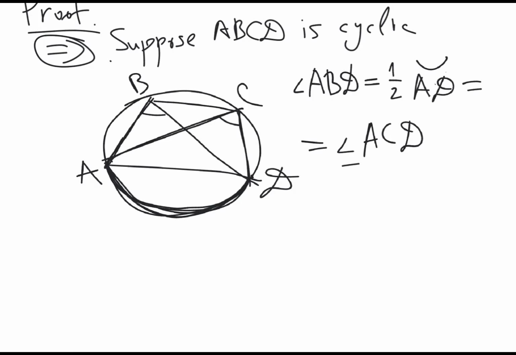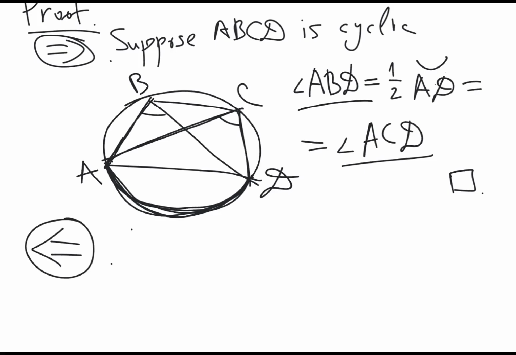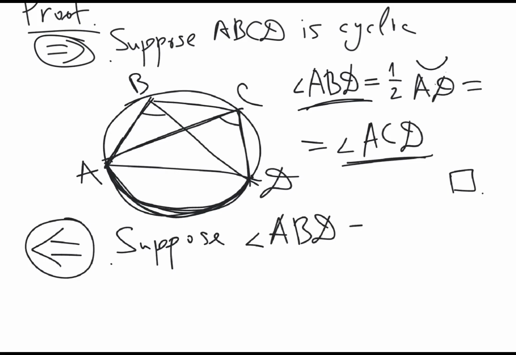So these two angles are equal. So that's it for the proof in this direction. And in the opposite direction, again we suppose that these angles are equal. Suppose the angle ABD is equal to the angle ACD.